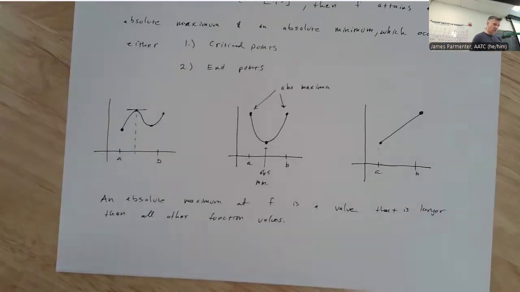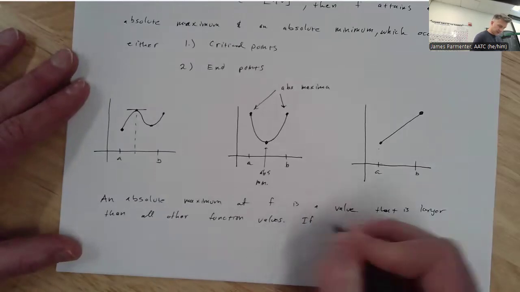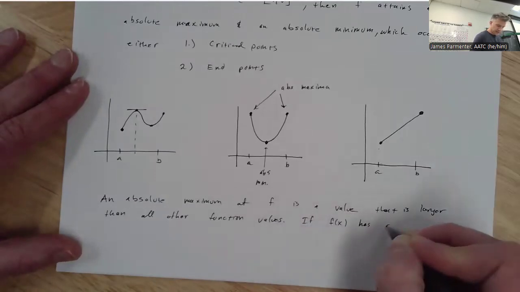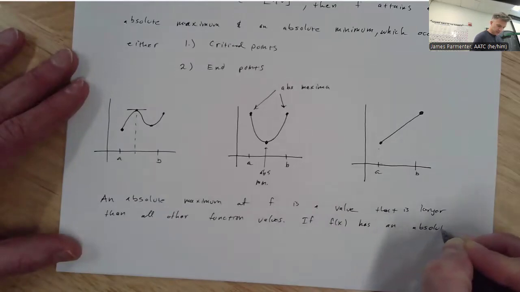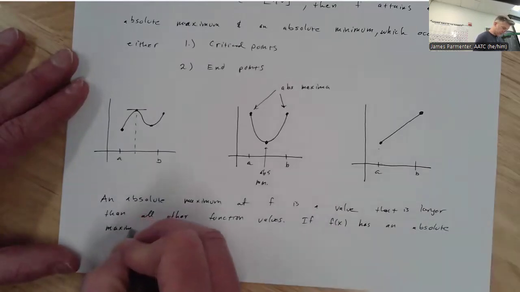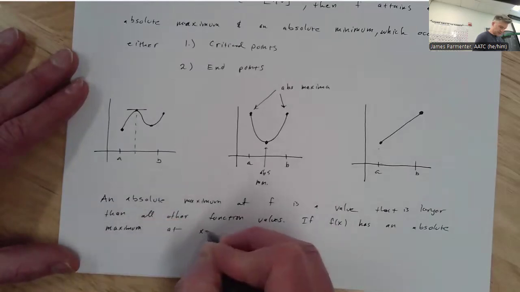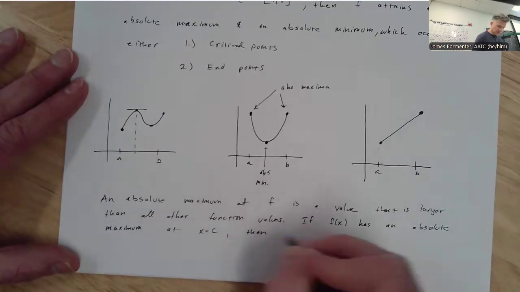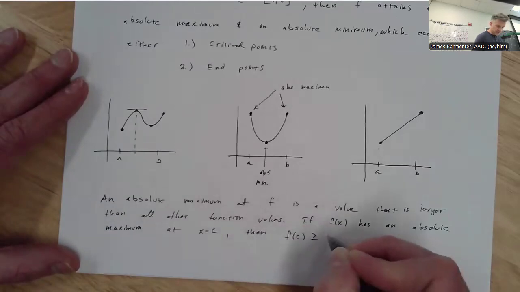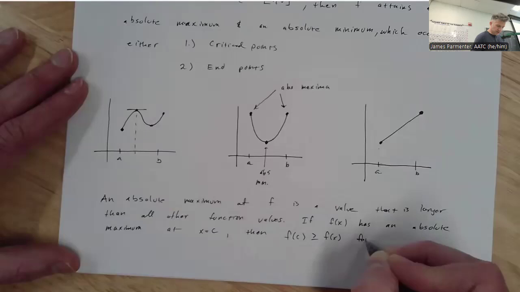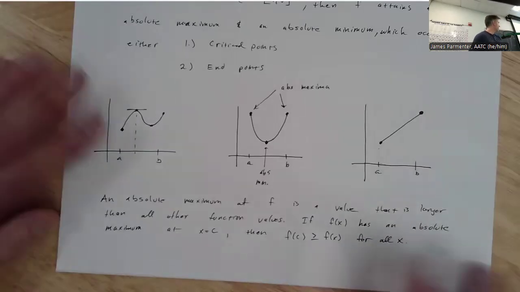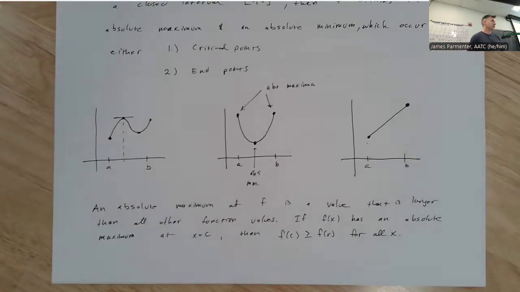Phrased more mathematically, if f(x) has an absolute maximum at x = c, then we can say that f(c) is bigger than or equal to f(x) for all values of x. So your absolute maximum is just where the function has the biggest output. It's bigger than or equal to any other possible output. And the bigger than or equal to definitely includes the possibility of having multiple absolute maxima.